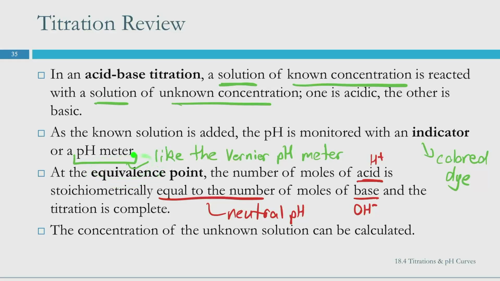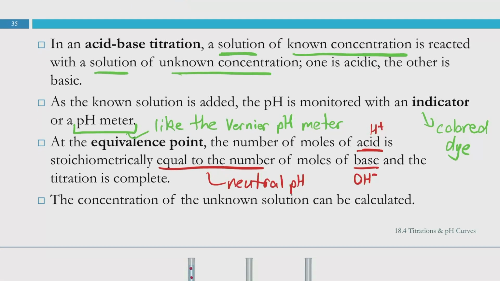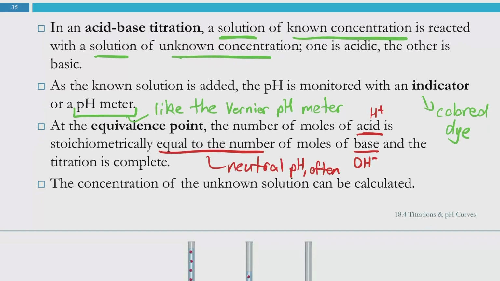So the things that are equal at our equivalence point is our acid and our base. It's not always going to be neutral pH. We'll see some instances where it's not.